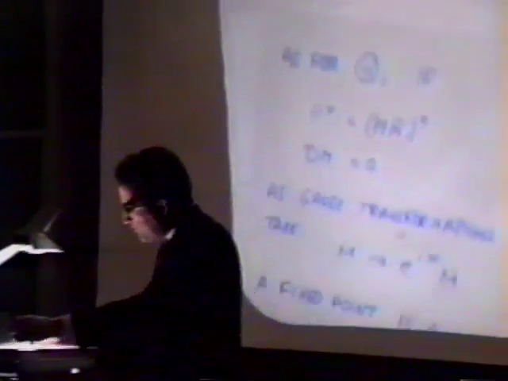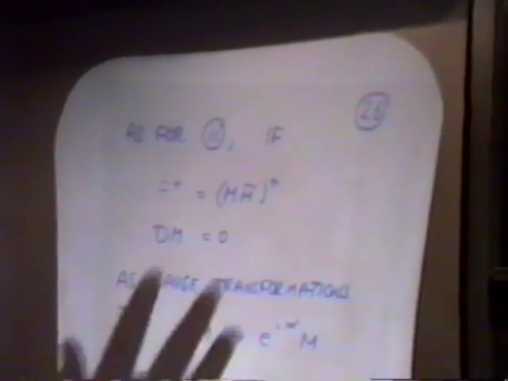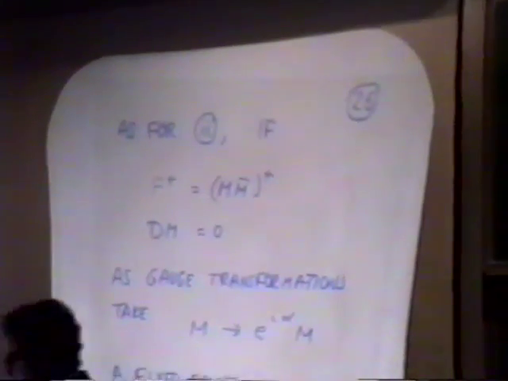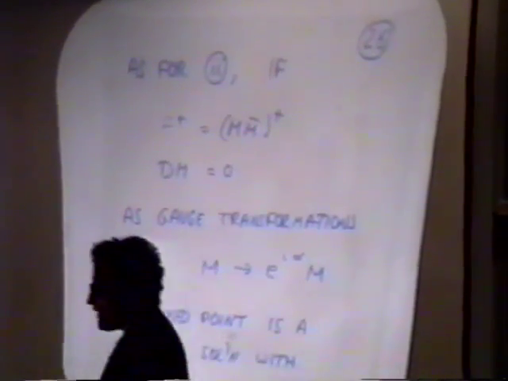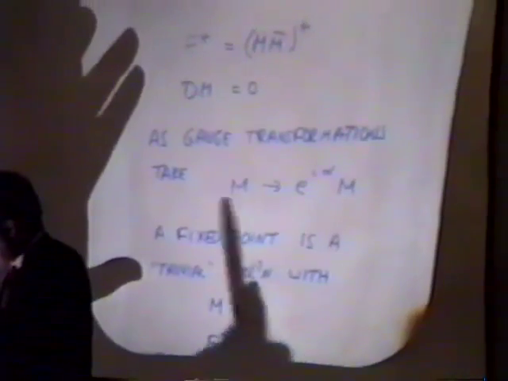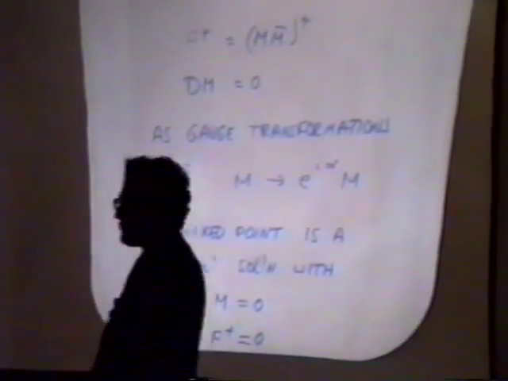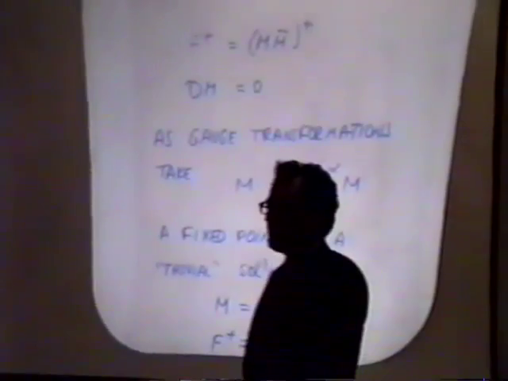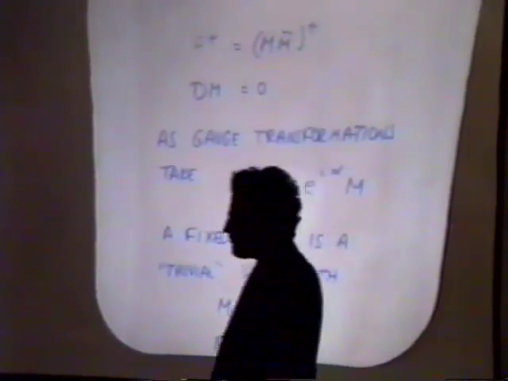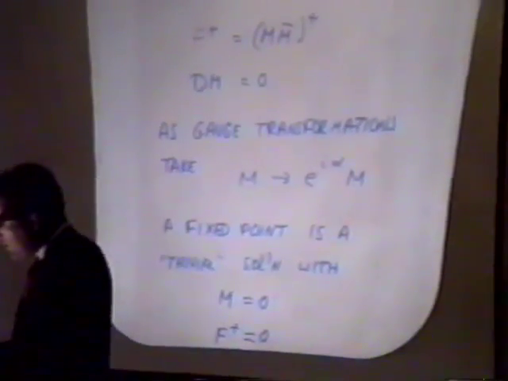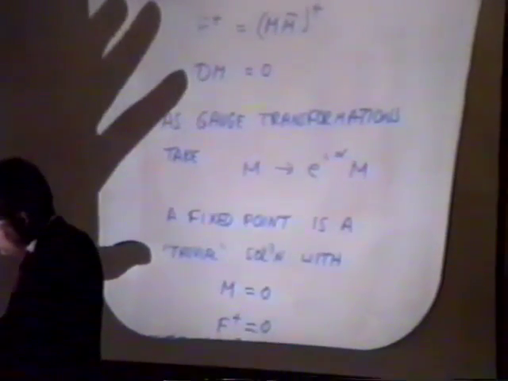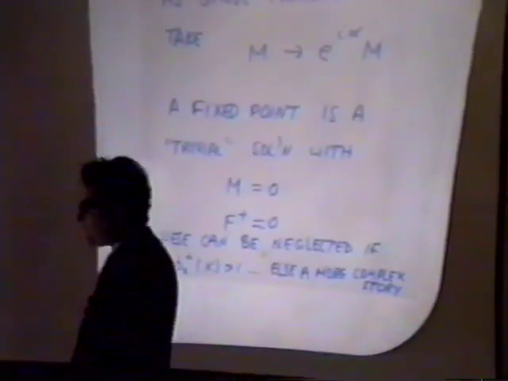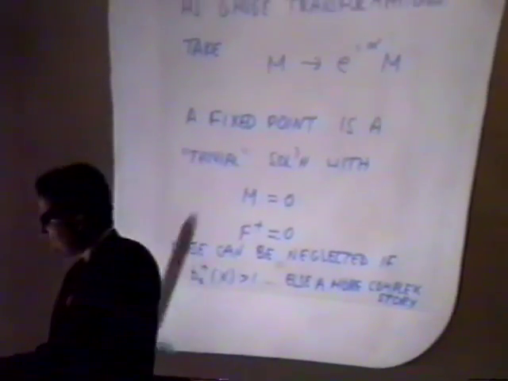And as for the second point, which was a free action of the gauge group on the space of solutions, the gauge transformations act in a very elementary way, just by phase rotations of M. So the gauge group can fail to act freely only if M vanishes. M has to vanish identically, or it can't vanish in any open set by elliptic properties. So the only place where the gauge group can fail to act freely are the trivial solutions where M is 0.